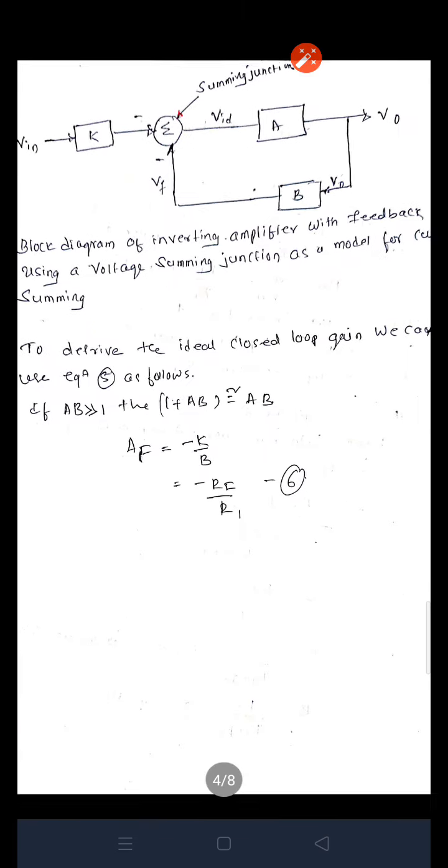What we have got can be written in terms of the block diagram of an inverting amplifier with feedback, using a voltage summing junction as a model for current summing, as shown here in the block diagram. To derive the ideal closed loop gain, we can use equation 5.